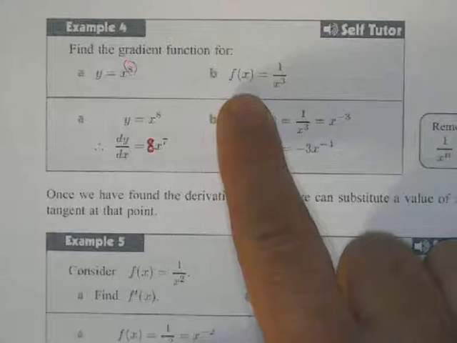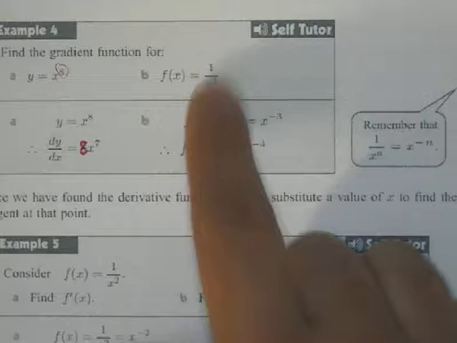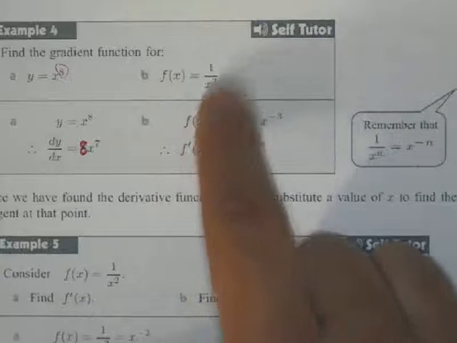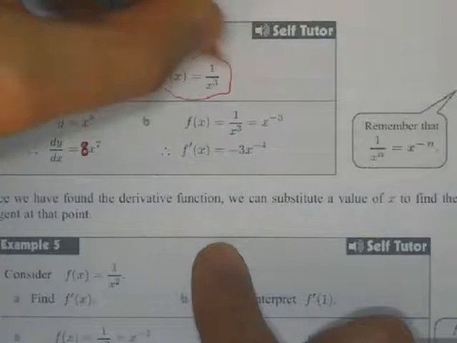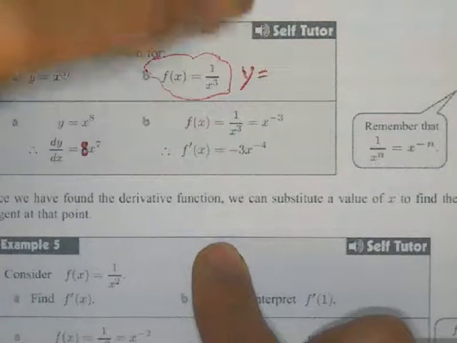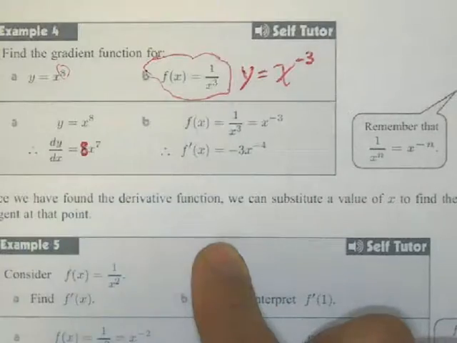Now, if I have f of x equals 1 over x cubed, remember that I could rewrite this as y equals x to the negative 3 power, bringing it to the numerator. You learned this in Algebra 2.